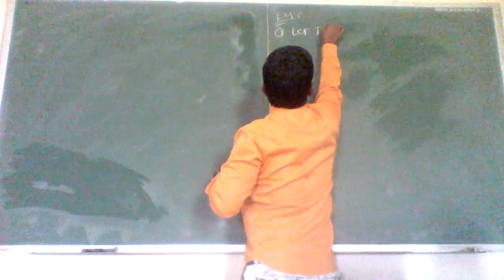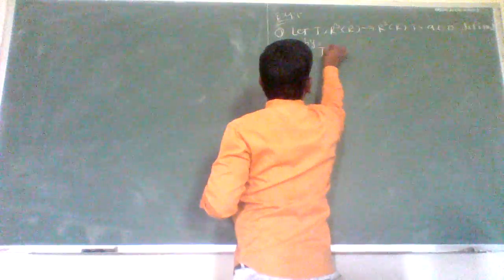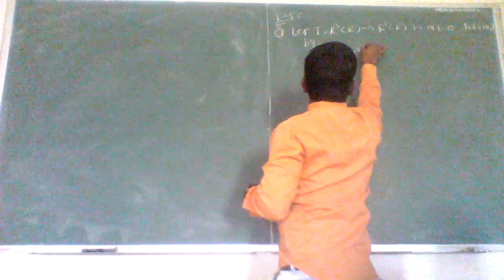Let T from R3 over R to R3 over R be a linear operator defined by T of (x, y, z) equal to (3x minus y plus z, 7x minus 5y plus z, 6x minus 6y plus 2z).